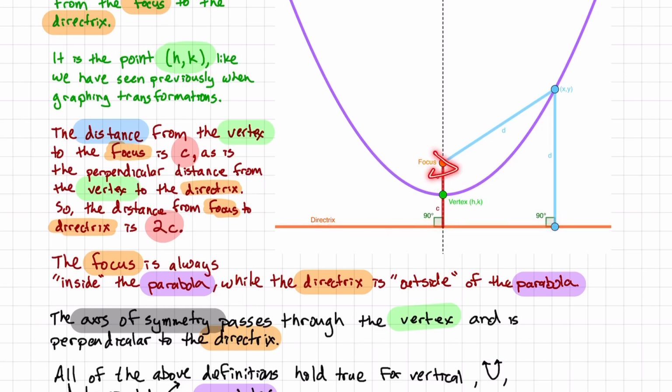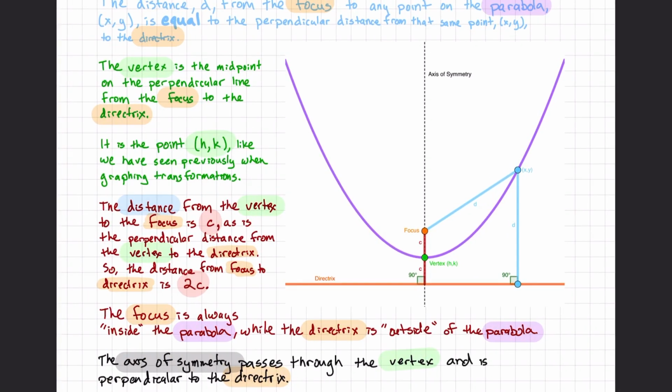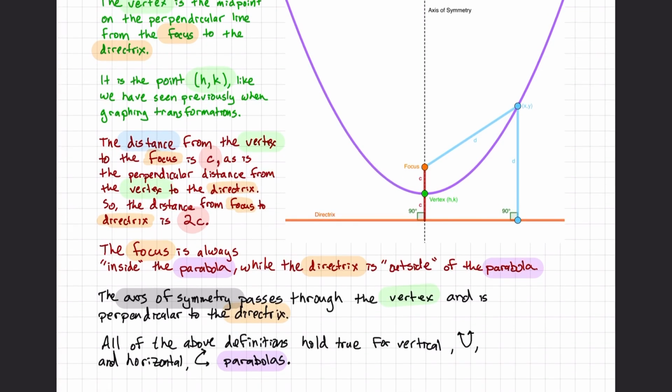So we have this focus inside the parabola, a distance of c away from the vertex, and then the directrix on the outside of the parabola, a distance of c perpendicularly away from the vertex. And then all lined up, the focus, the vertex, and then perpendicular to the directrix is that axis of symmetry. So that's our parabola. That's what we're going to be dealing with.